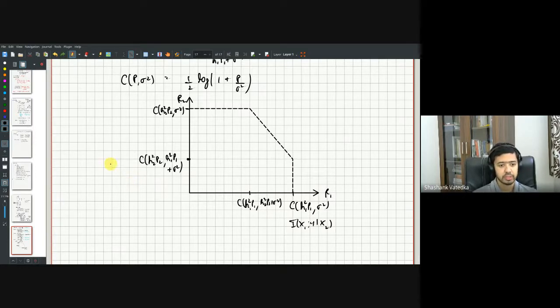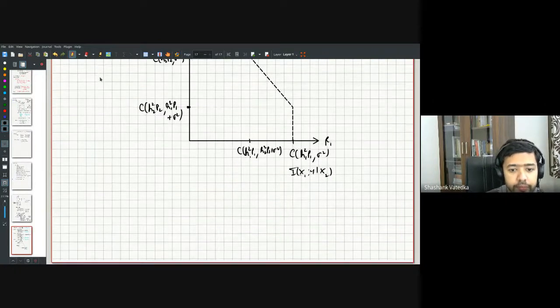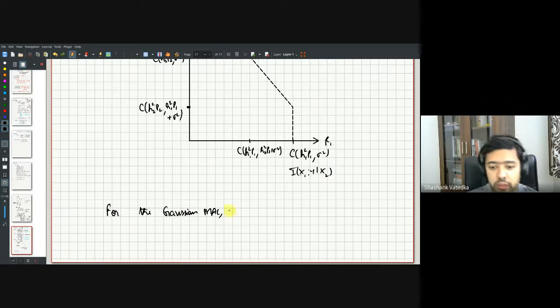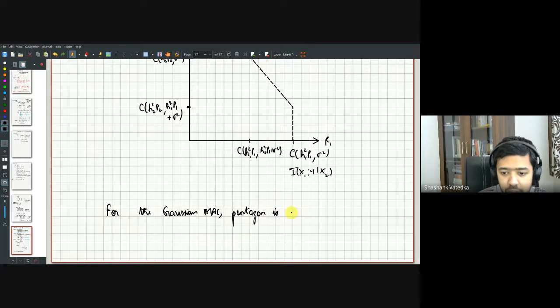In fact, for the special case of the AWGN channel, for the Gaussian MAC, the pentagon is optimal.